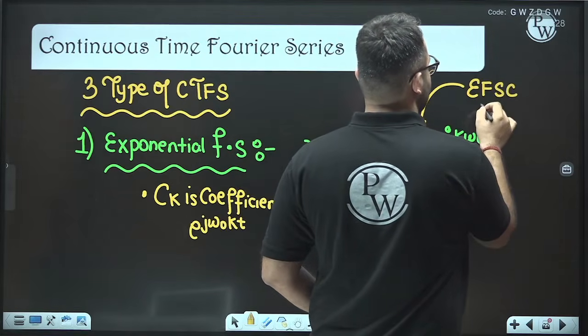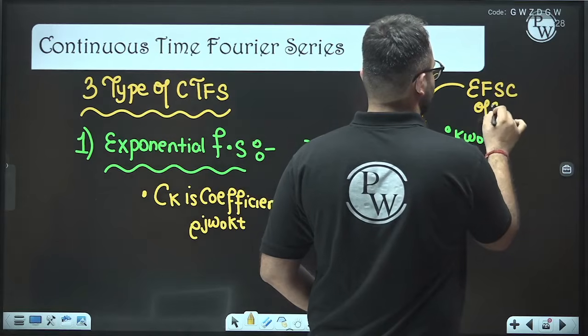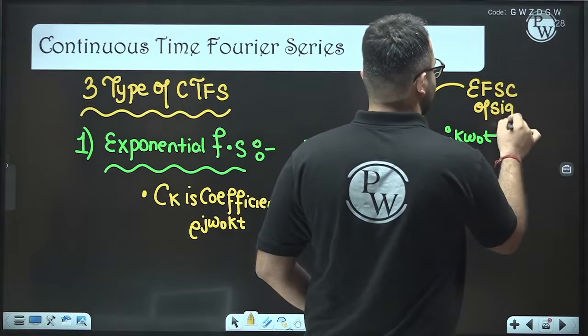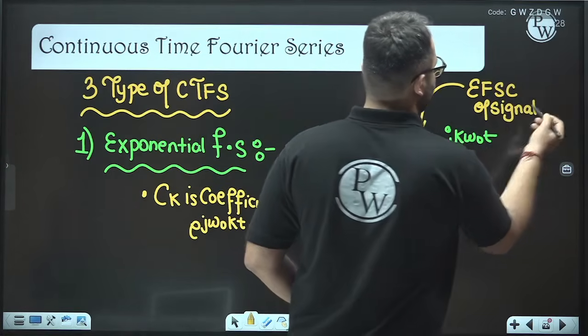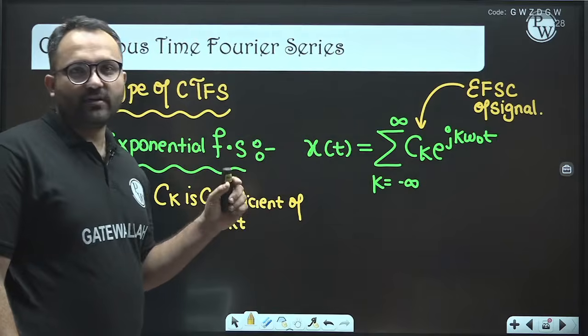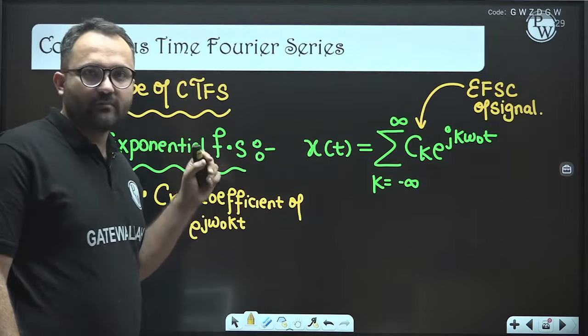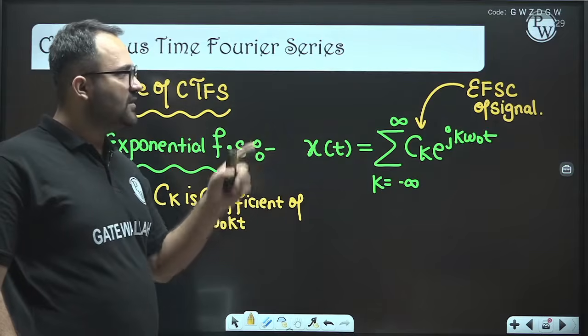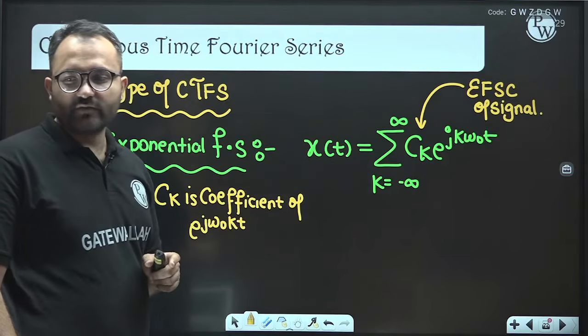Always remember what is c_k. This relationship is very important. We are writing x(t) in terms of complex exponentials, and c_k is the exponential Fourier series coefficient.